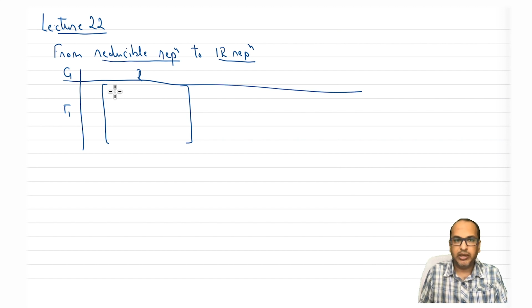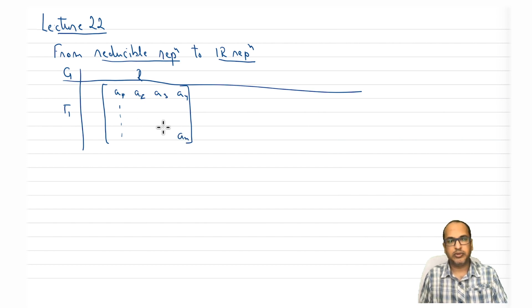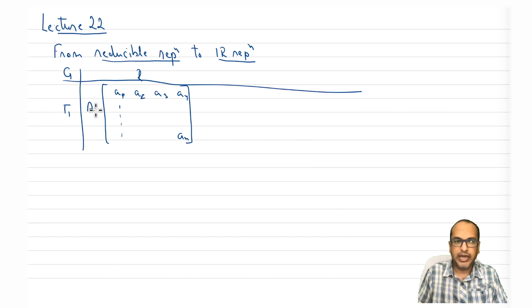So this can be a diagonalized or a non-diagonalized matrix, with matrix elements A1, A2, A3, A4 and so on. I'm not giving you the final dimension, so it can be any dimension. Now we have to diagonalize it to be able to reduce it. Sometimes you will get a diagonalized matrix by itself, but many times you have to actually diagonalize it. How do you do that? Let's call this matrix A.